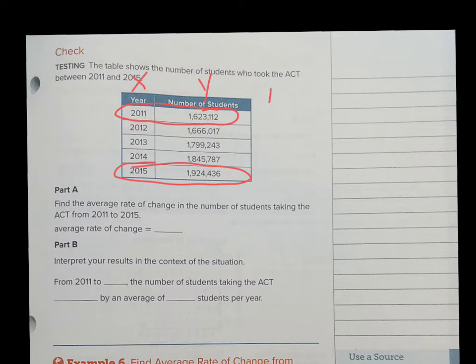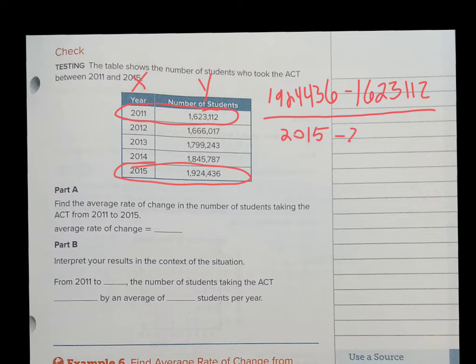There was 1,924,436. And we're going to take 1,623,112. Okay, and so 2015 to 2011.